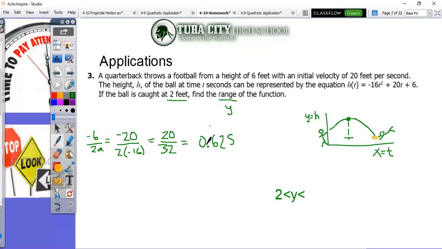All right, now we've got to plug this back into our formula. And again, by plugging this number back in, we are asking the function, where is the ball in 0.625 seconds? So I'm going to plug it in and let's go ahead and work this out.